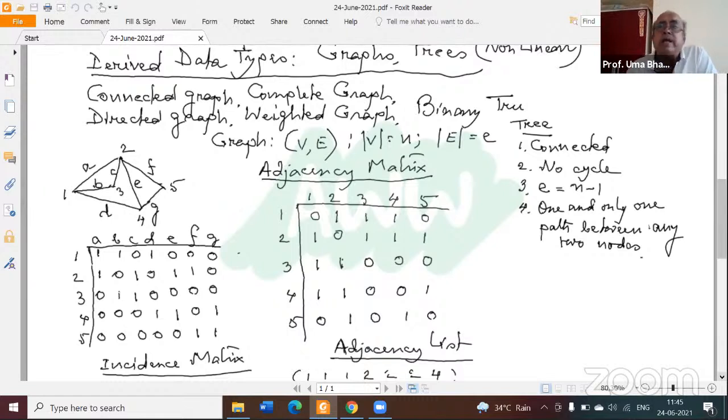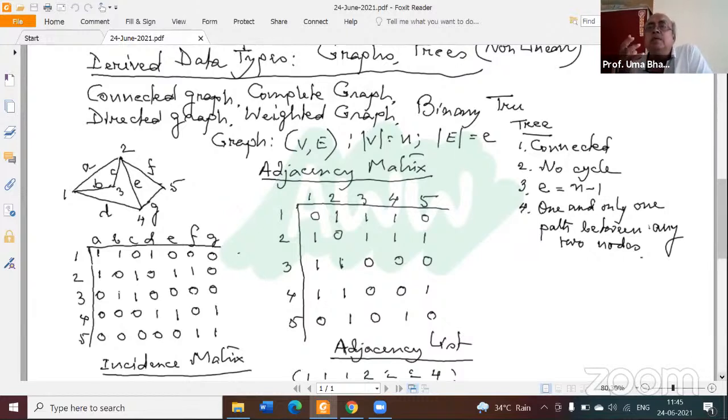If this is undirected, whenever there's an edge between 2 and 3, obviously this is the same as 3 and 2. If this does not have any self loop like that, this adjacency matrix will be symmetric, in the sense element ij will have the same value as element ji.